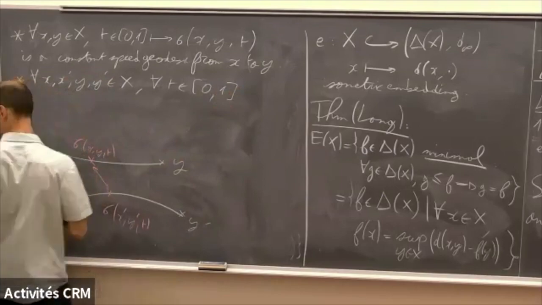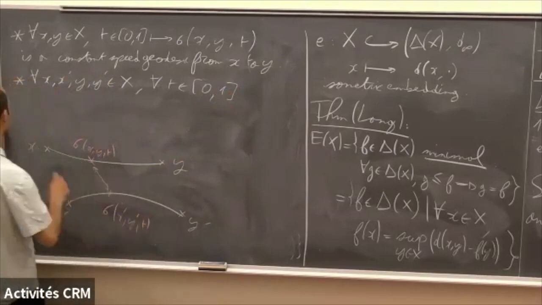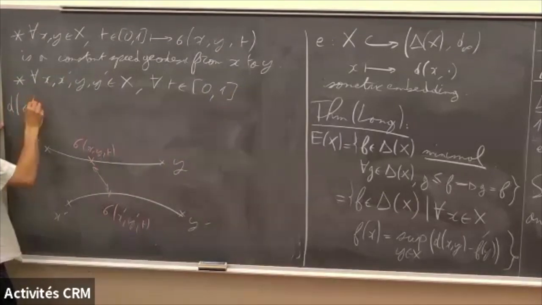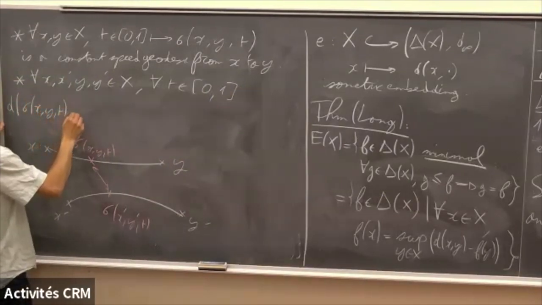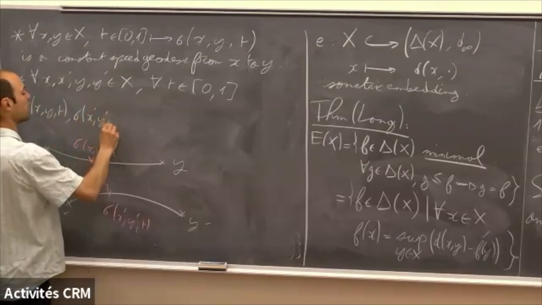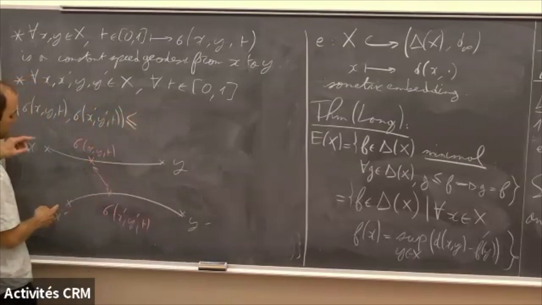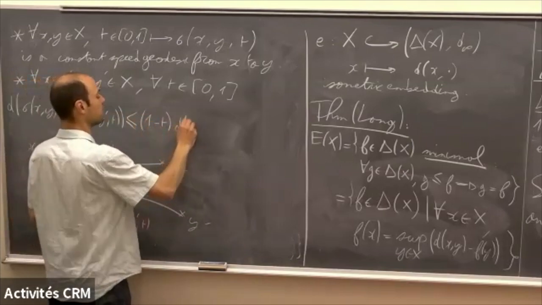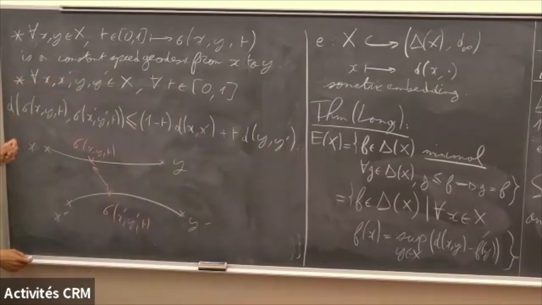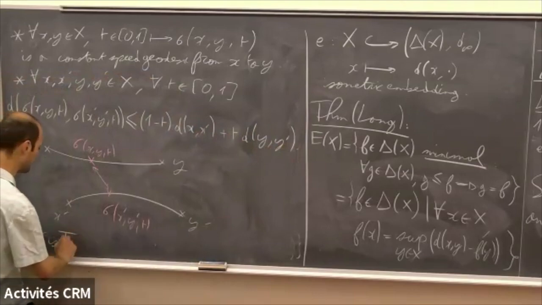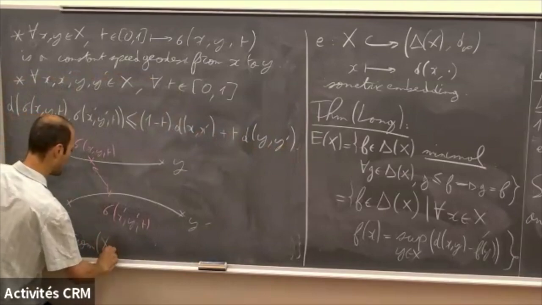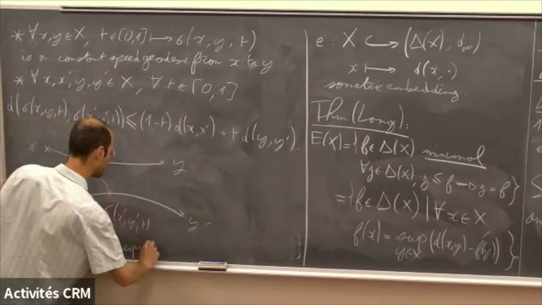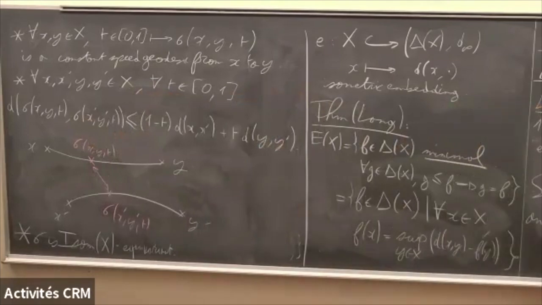I look at this distance, and we have an inequality: the distance between these geodesics is bounded by an affine function in terms of the initial and final distances. And the last nice property of sigma is that sigma is equivariant under the isometry group of X. So there are nice ways to choose geodesics.